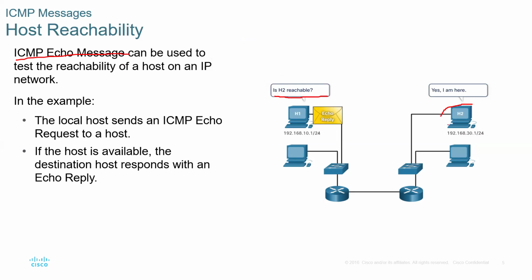This is H2 here. So it sends a request, which is a question to verify the reachability of H2. And then H2 will say, yes, I am. And once it says that, it will send a reply. So if it is available, it will send a reply.